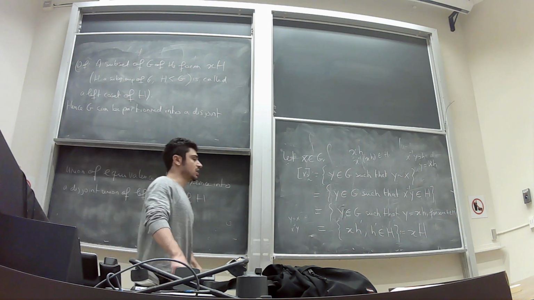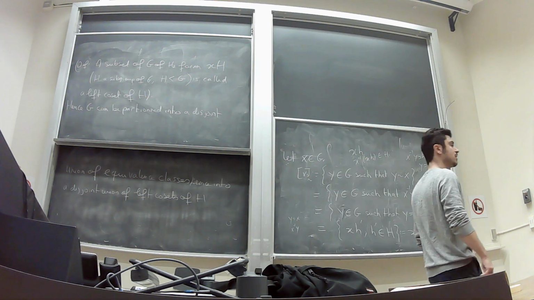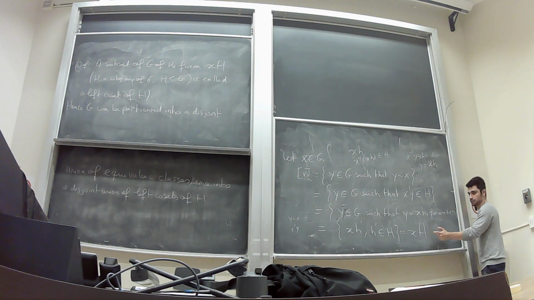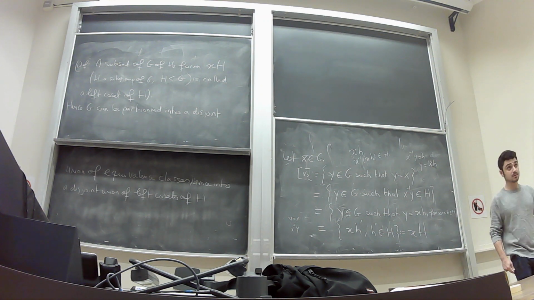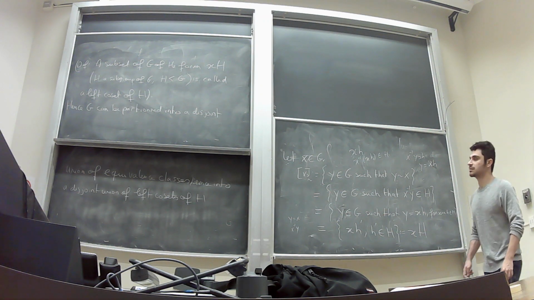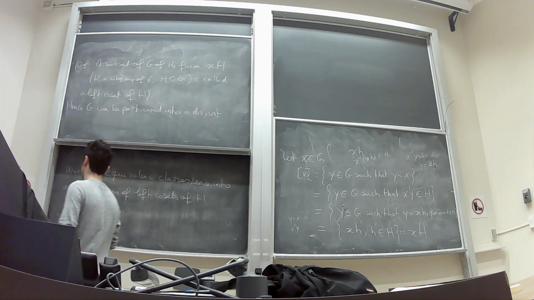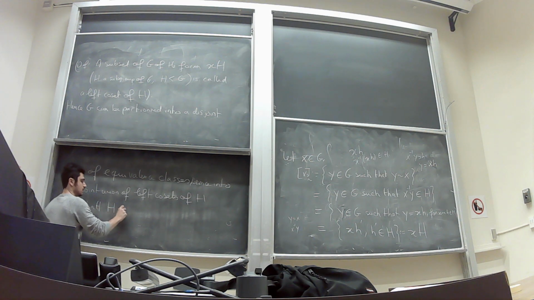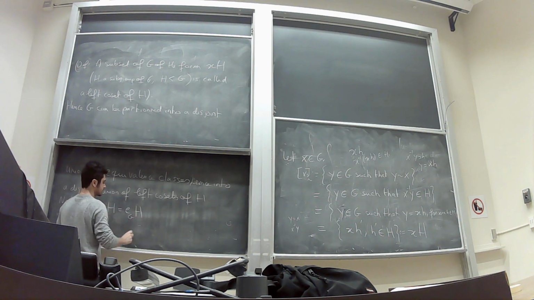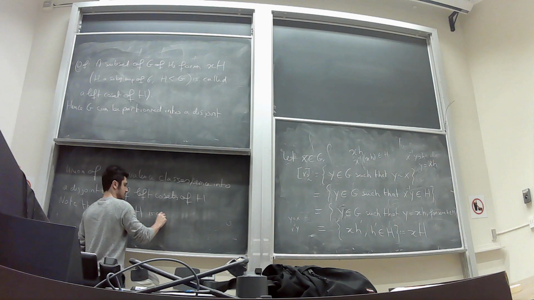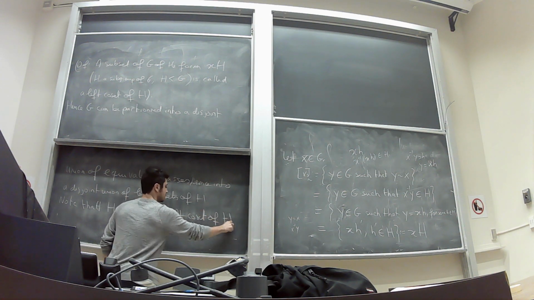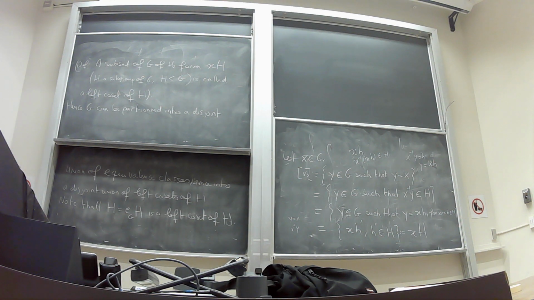First of all, is H a left coset of H or not? Can you find any element that, when you multiply every element of H, you get the subgroup H back? Identity, right? Note that H is equal to e_G times H, which is a left coset of H. Okay.